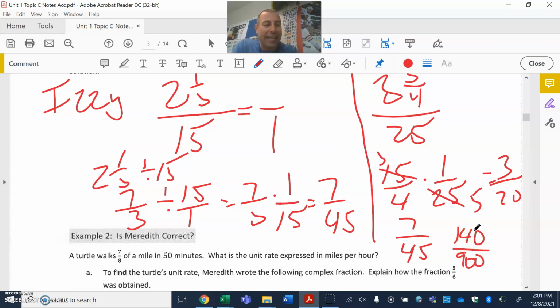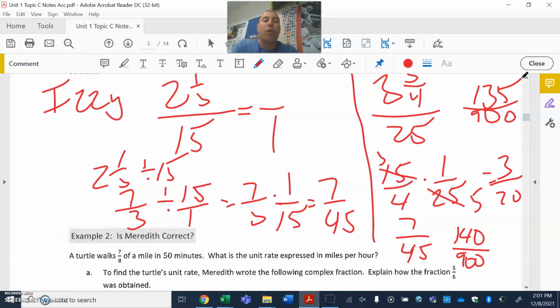For 3/20, we multiplied by 45. 3 times 45: 45 and 45 makes 90, another 45 is 135. Whoa, that was close. I see why the argument is there.